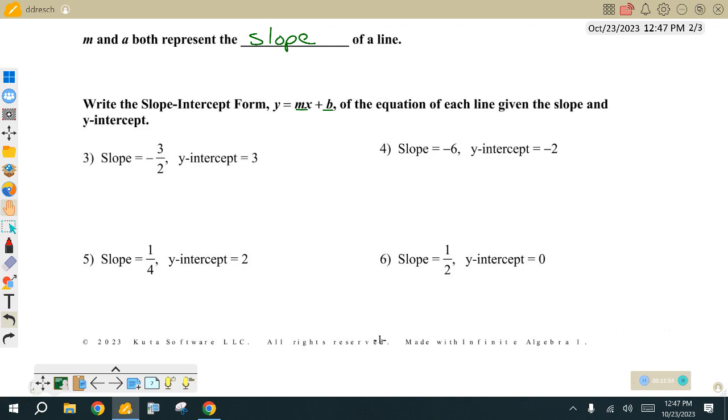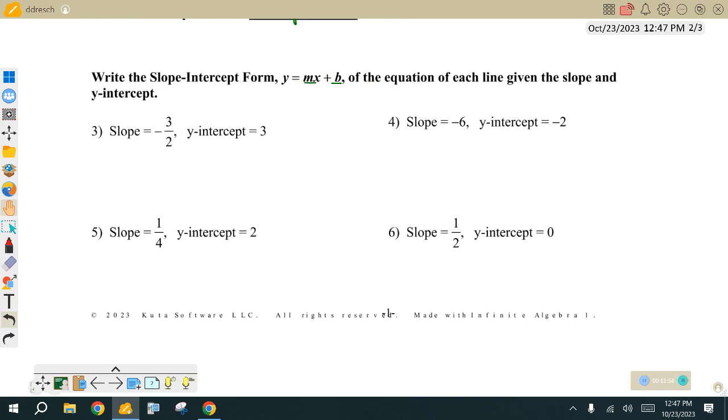So don't overthink this. On number 3, y equals negative 3 halves, the slope is negative 3 halves, and the y-intercept is 3. So when I say write the slope-intercept form, all we're looking for is this as an answer.